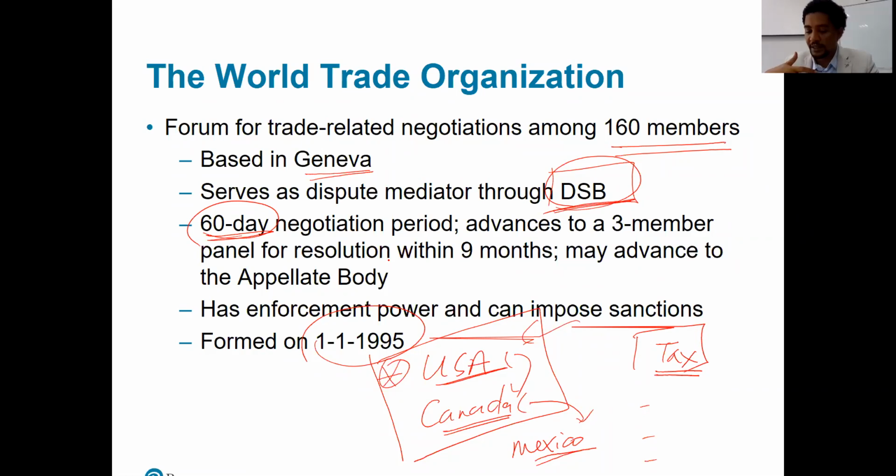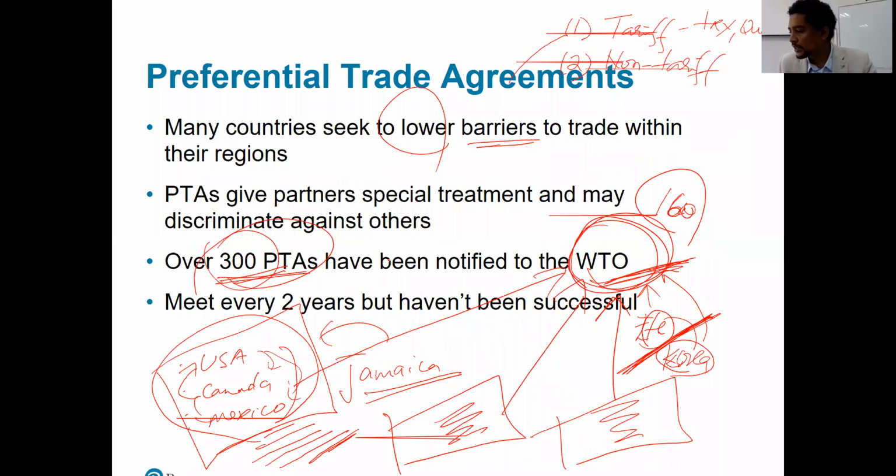They also pass decisions, and they follow up on whether these decisions are implemented by the countries in dispute. They also have the power to impose sanctions on a country which is not abiding by the decisions of the dispute settlement body. So you have to know the functions of the WTO.